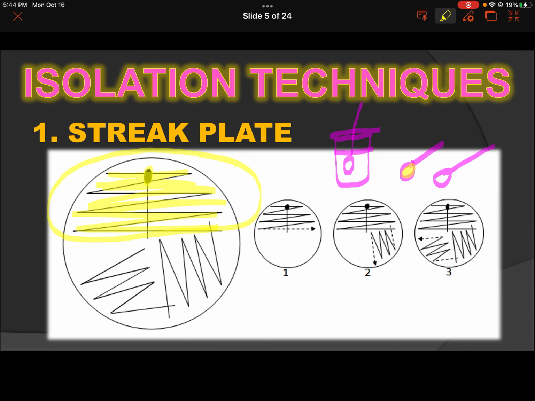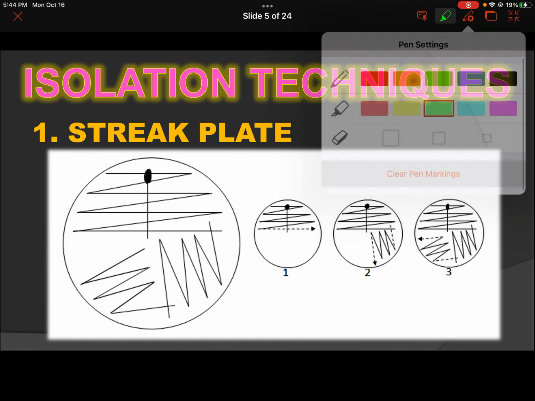That inoculating loop will be used to spread the microorganisms from the first streak. So you touch only this one, from the first streak to the second streak. As you can see, it's only the first initial line that will pick up the microorganisms from the first streak. Because the moment you touch the other parts of the first streak, then you are still accumulating the microorganisms from the first streak.